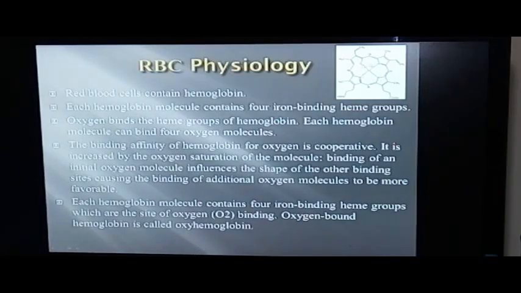So each molecule can attach 4 oxygens, and that's the thing you need to remember. So if you have 270 million in each cell, you can carry a lot of oxygen in each cell. Once one oxygen is attached, it becomes easier because it changes the shape of the molecule for other oxygens to attach to that molecule.